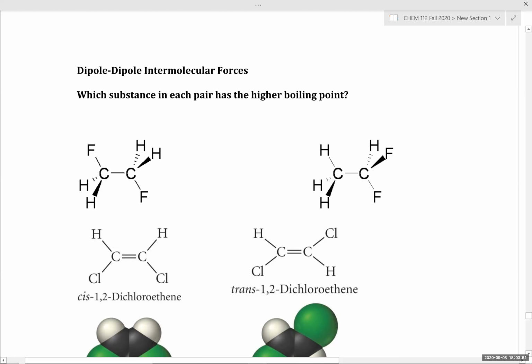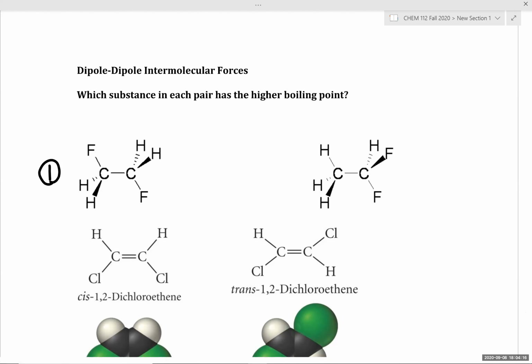So my question to all of you is, looking at these first two molecules, which of these two molecules in this first example will have a stronger molecular dipole?